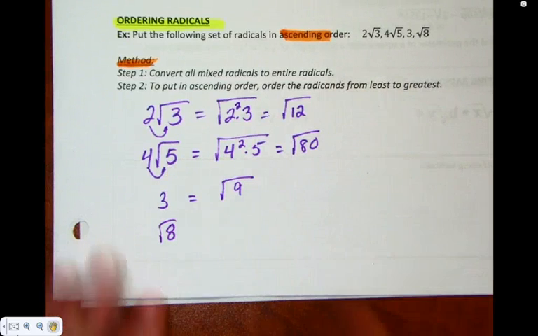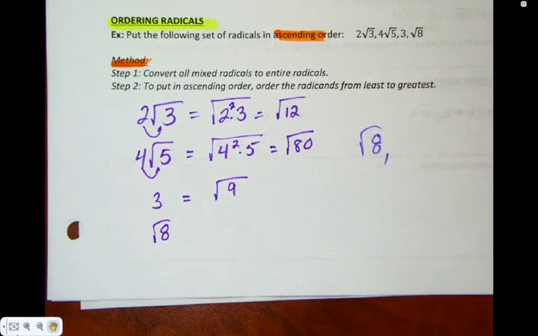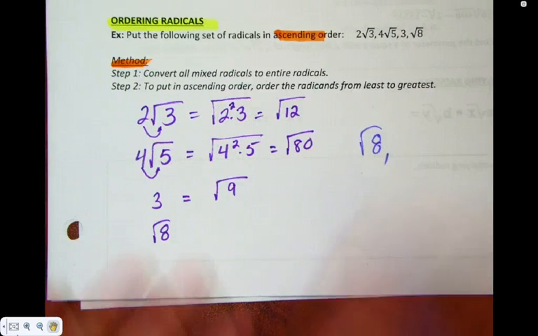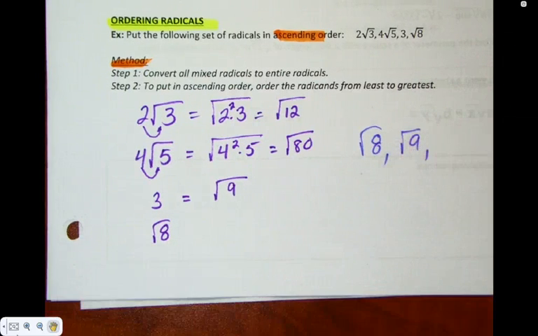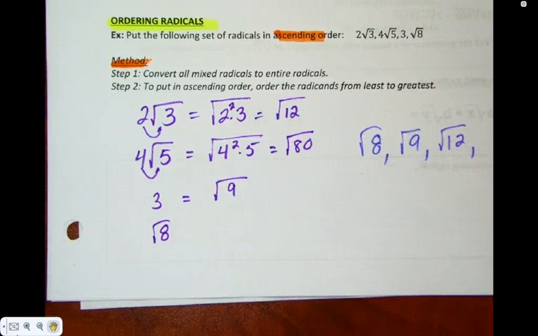What was the purpose of changing these all to entire radicals? So we can compare which one is the smallest. Which one is the next smallest? Which one is the next smallest? And the last one?